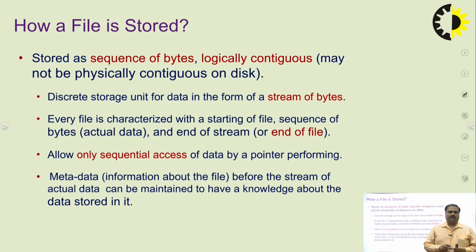You may have experienced that sometimes we download a file using a download manager, and it downloads the file in parallel in different parts. These parts are stored somewhere in the memory. Later on, they are all integrated and form a single file on the disk.